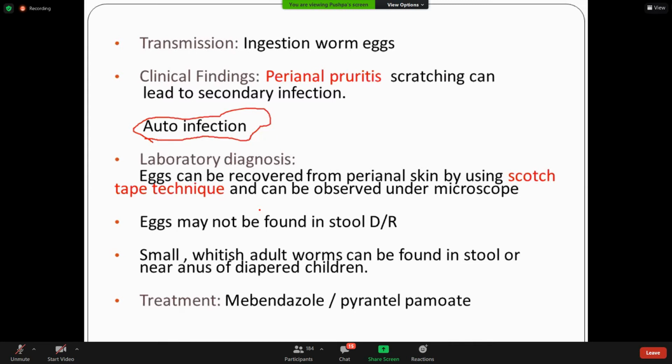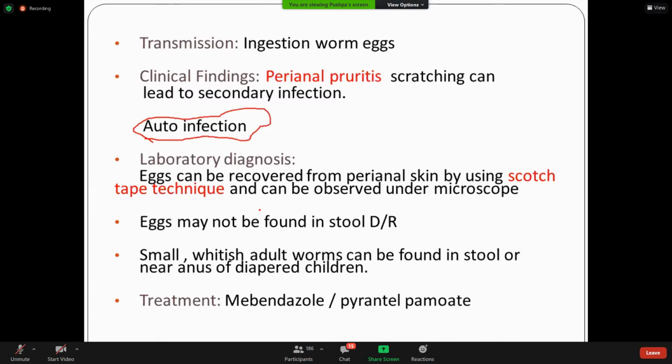Eggs may not be found in the stool DR because they hatch and become larvae within 6 hours. They are small, whitish adult worms that can be found in the stool or near the anus of diapered children. Treatment is mebendazole.